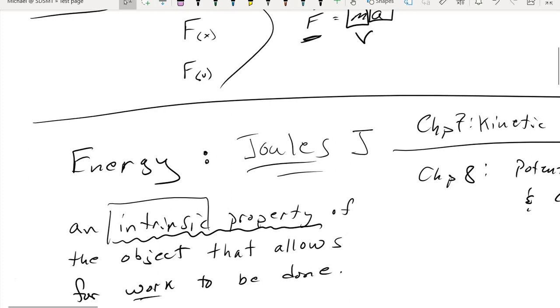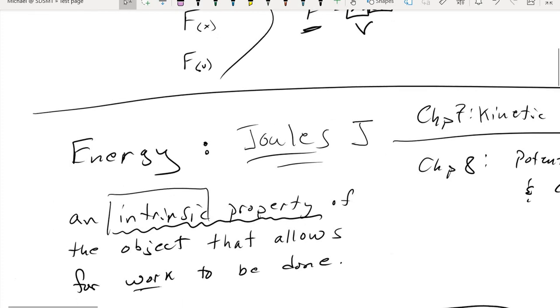I've Googled the definitions for energy. Everything out there is kind of a flimsy definition, and it's just not very helpful. So what I have here is my version of the definition of energy. It is an intrinsic property of the object that allows for work to be done.